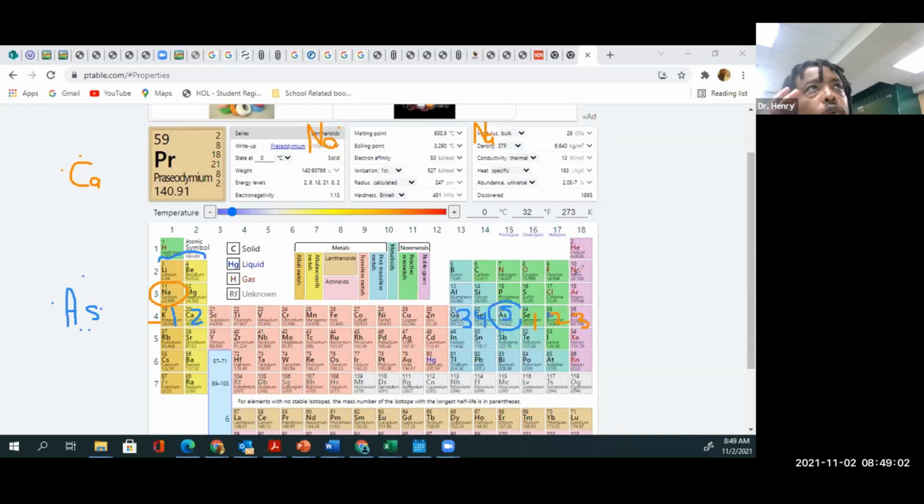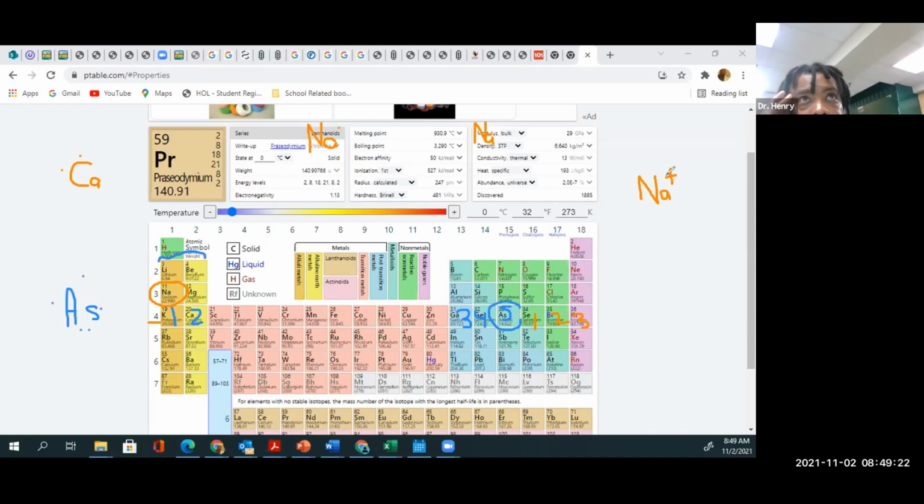Now, the way that it gets rid of the electron is by giving it away to a non-metal, right? So there's an exchange going on. Now, if it gives it away, then sodium is going to have a plus charge associated with it.